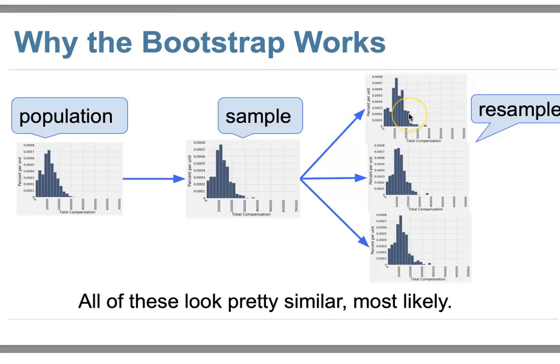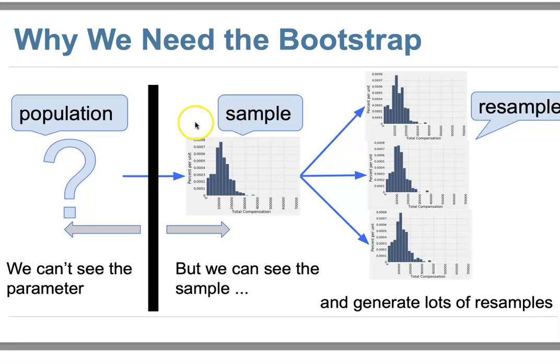Maybe they are 150, maybe 130, maybe 120, but that's all okay. After we get as many resamples as we want, we get all their statistics. Then we can have a good range to describe the parameter from the population. So that's how our bootstrap works: we don't know the population, we have the original sample, then we have many resamples.